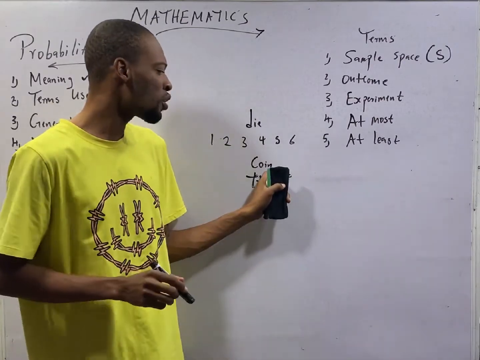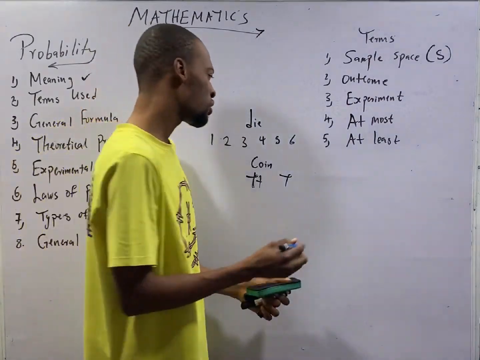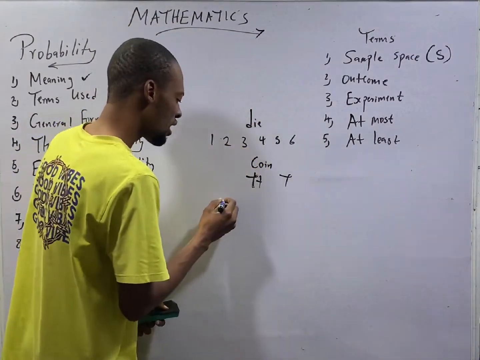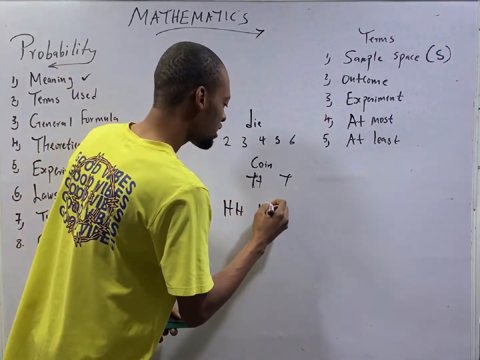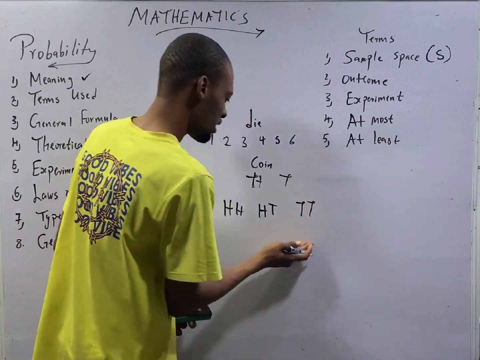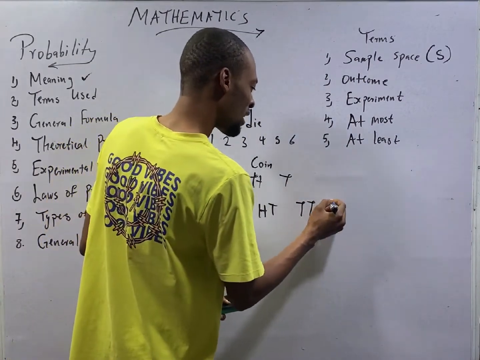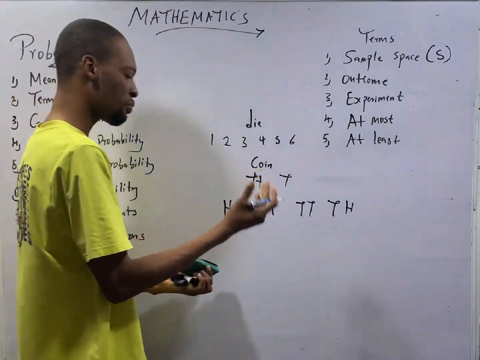Now, if I throw this coin twice, then the chances will increase. For the 2 throws, either head and head appear together, or there is head and tail, or there is tail and tail, or one has tail, then the other one has the head. This will be the sample space.